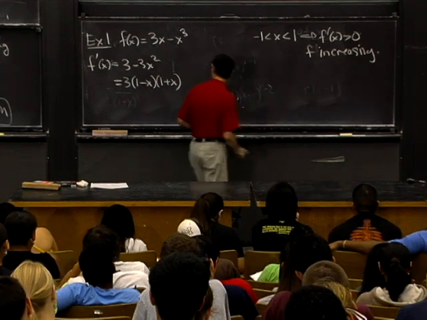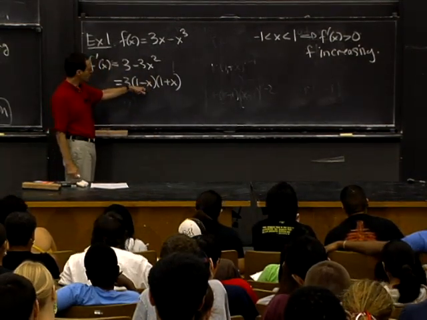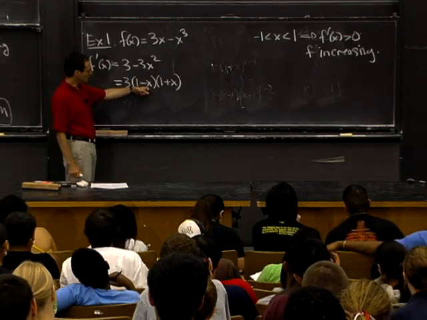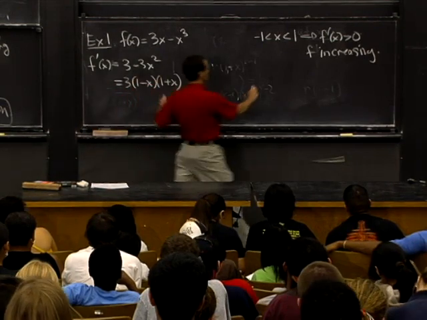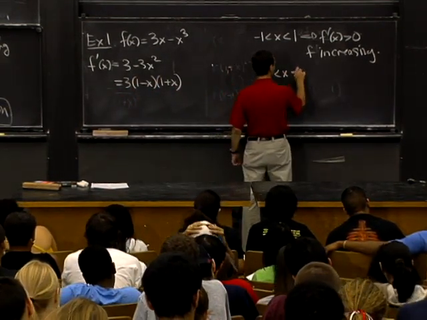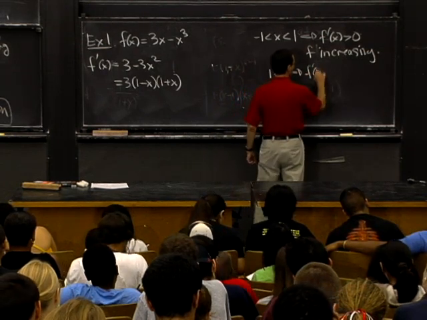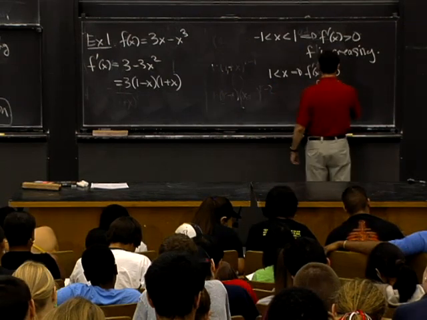And similarly, in the other ranges, if x is very, very large, if it crosses 1, in fact, this factor becomes negative, and this one stays positive. So when x is bigger than 1, we have that f prime of x is negative, and so f is decreasing.